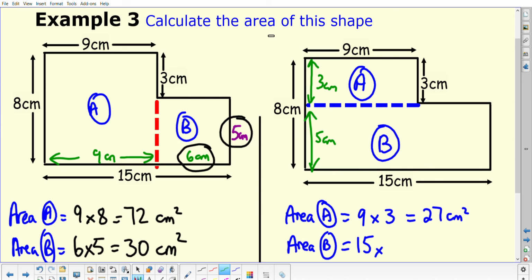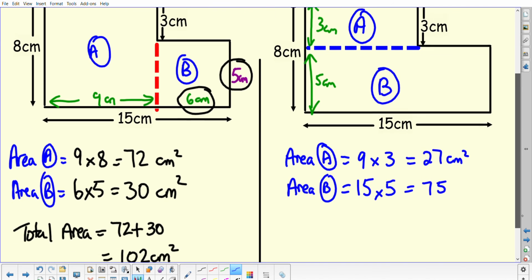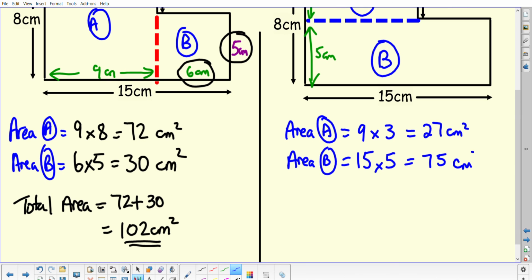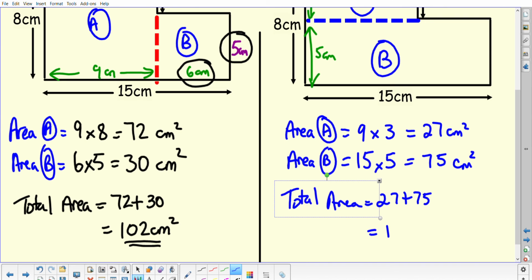So we would be doing 15 times 5, which is of course 75. And if we then add these two measurements together, for our total area we would have 27 plus 75, which is equal to 102 square centimetres, which is the same as we got a minute ago.